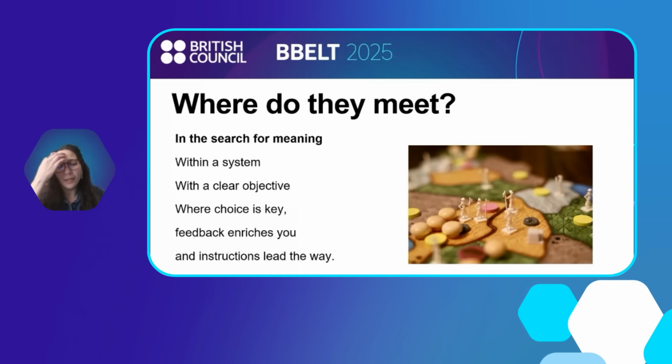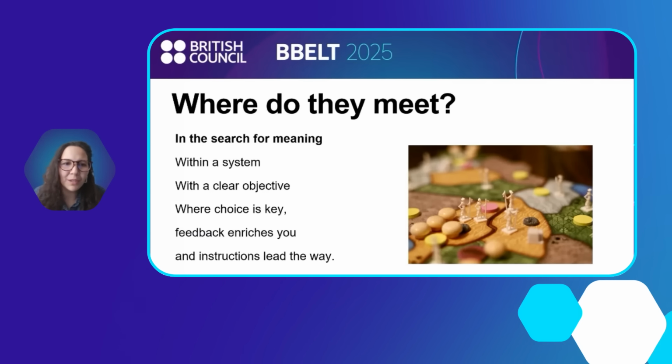And how that happens is within a system, the objective has to be very clear, choices are key, the feedback that you receive enriches you and keeps you going, and also instructions lead the way. So those are the main points where we understand the relationship between the communicative approach and game design, and that's how we are approaching some tool that will help you unlock the meaning in games.